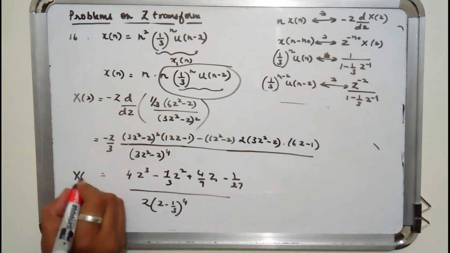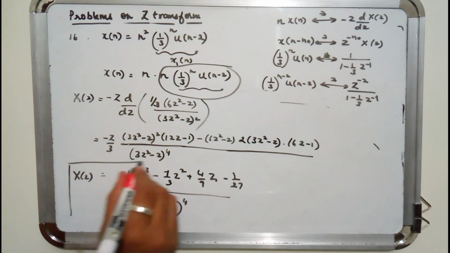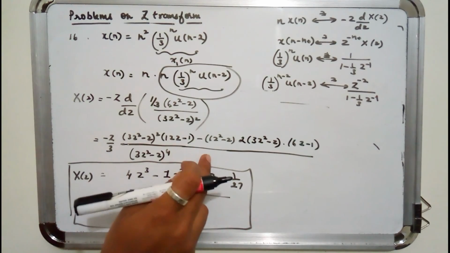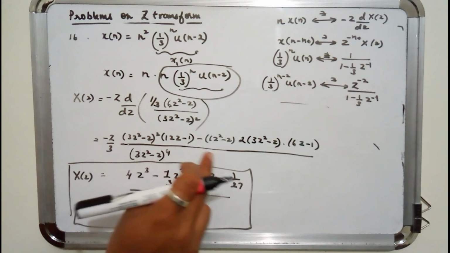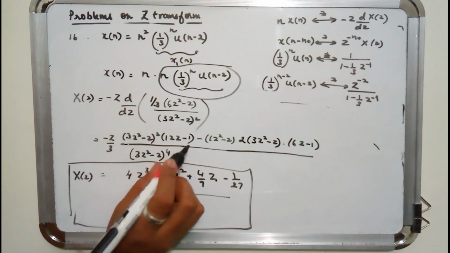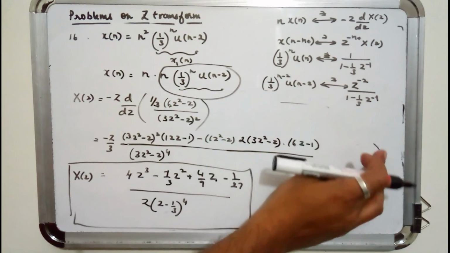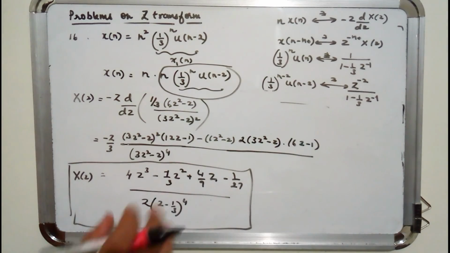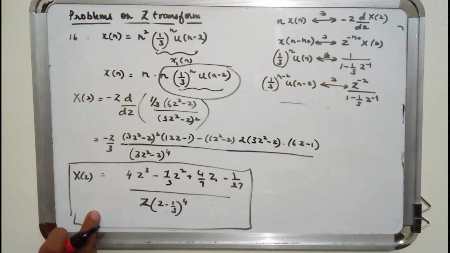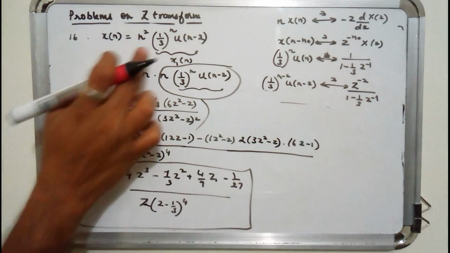So this is x of z. If possible, you simplify, or else you can keep it at this juncture. You can simplify this for a short duration to get a smaller answer and keep it. So this is the final answer of this problem.